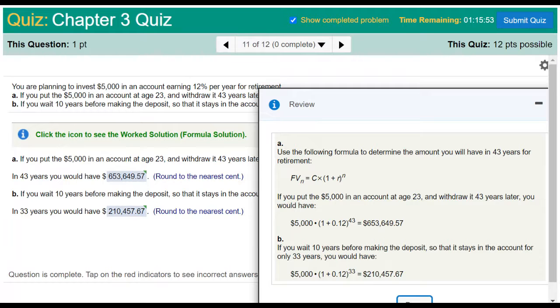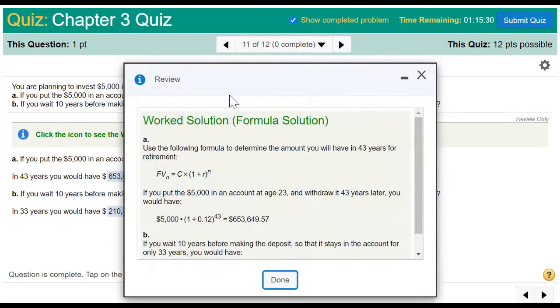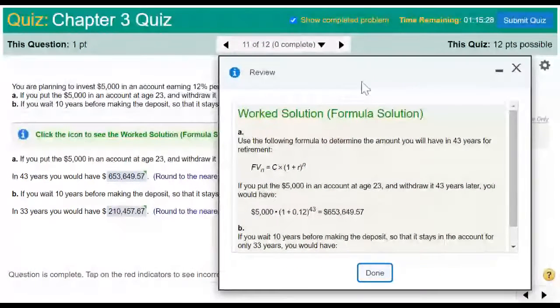Hold on, my screen just went blank. Payment is negative 5,000, right? Present value is 0. Compute for future value. And you're going to come out to 653,649.57.